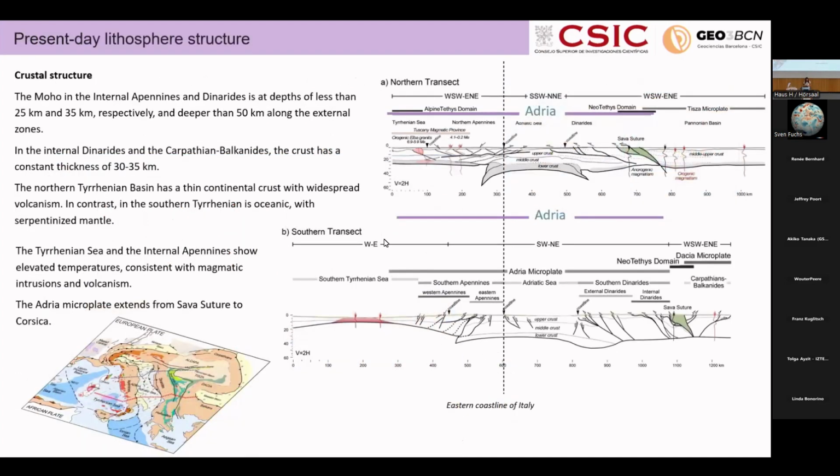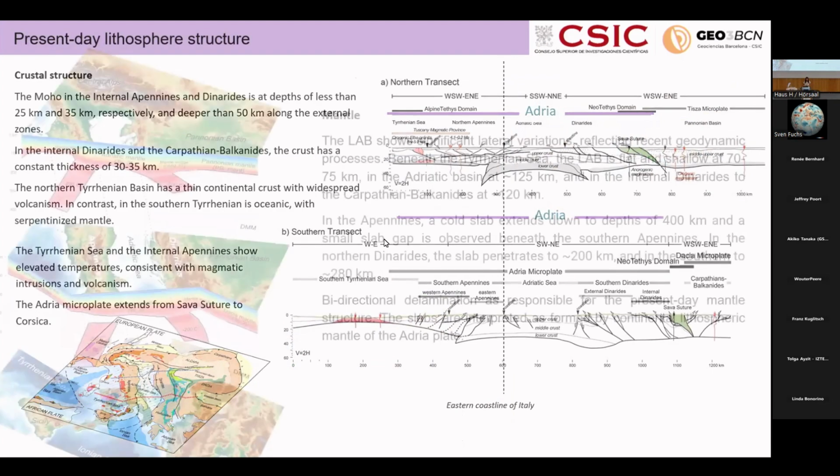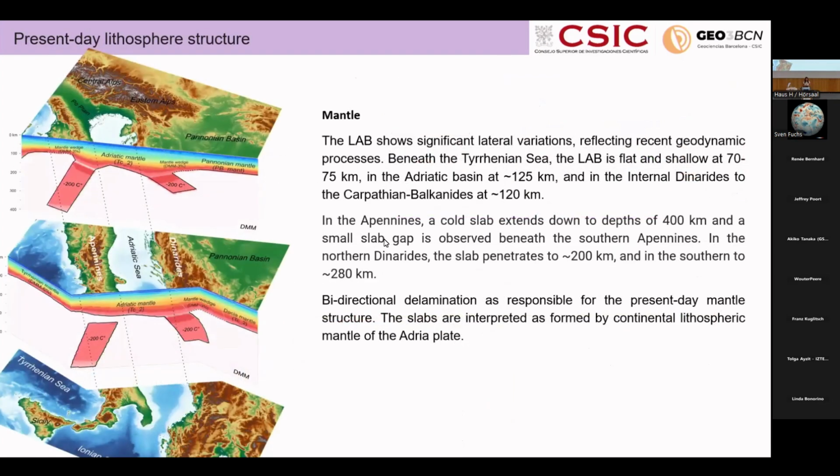Combining all this data, integrating this geophysical and petrological data, we could describe the geometry of the Adria plate, at a crustal scale and also at mantle scale.